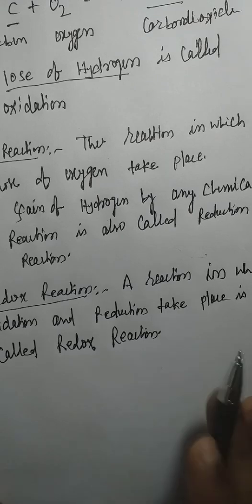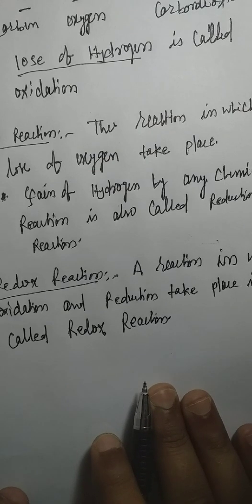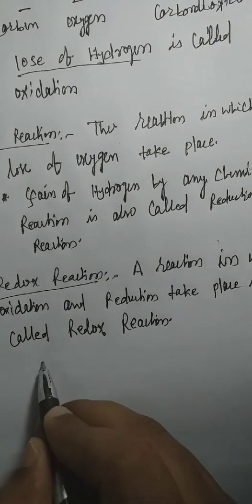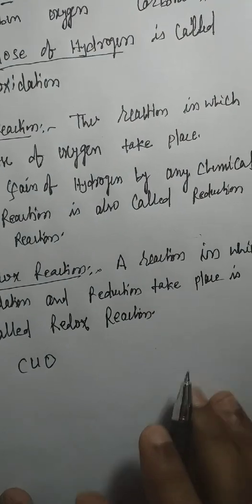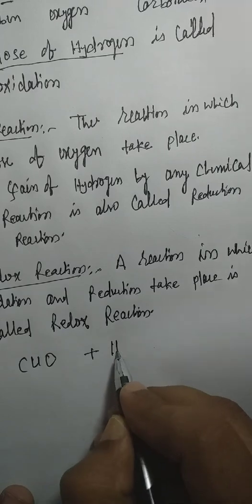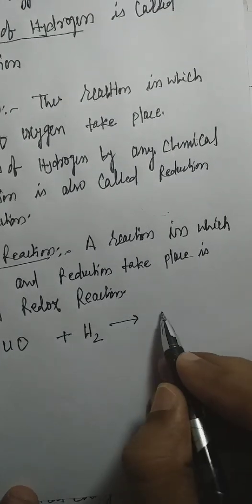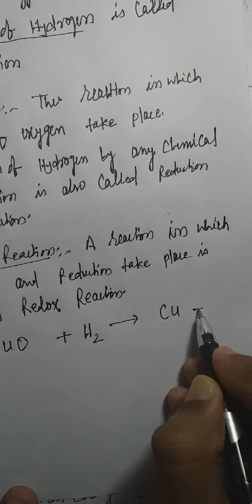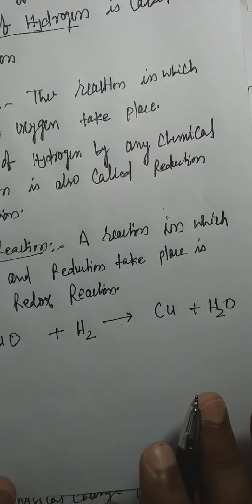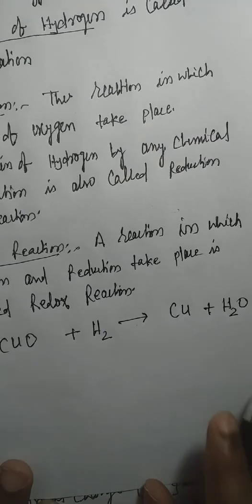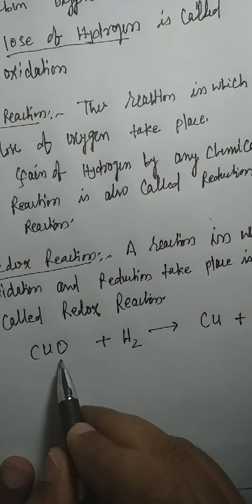I am going to take an example which gives an immense idea to understand the concept. Like we are taking CuO, copper oxide. When it reacts with hydrogen, it will form copper metal plus water. Copper metal and water will form, right? So you see what happens in this reaction.